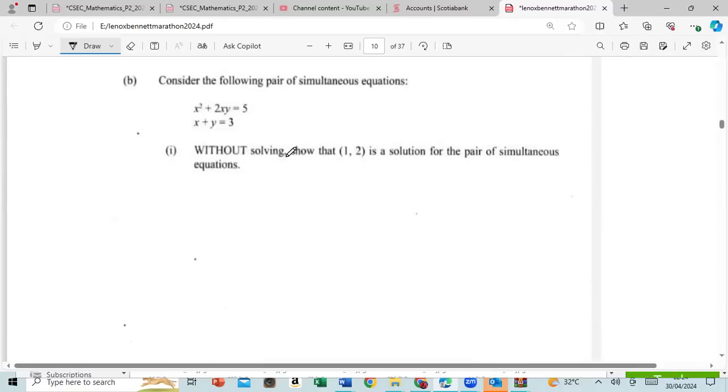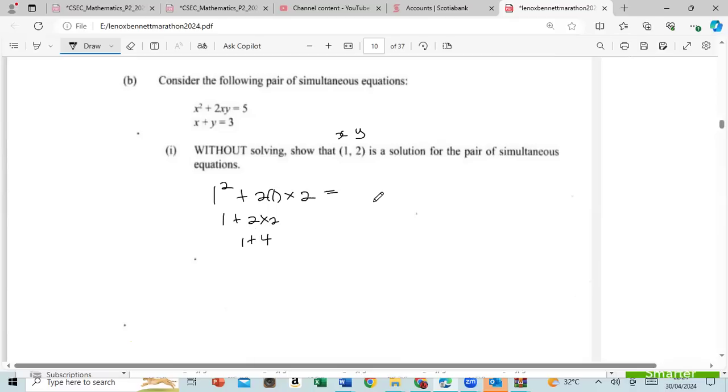So all we do now, they say, without solving, show that x is 1 and y is 2. So wouldn't you just put them in the formula and see if it works out? They say x is 1, so anywhere we say x, we put 1. And y is 2, so anywhere we say y, we put 2. So when we work this out, it should give you 5. 1 squared is 1, 2 times 2, 2 twos are 4, because you have to multiply first, right? 1 plus 4 is 5.